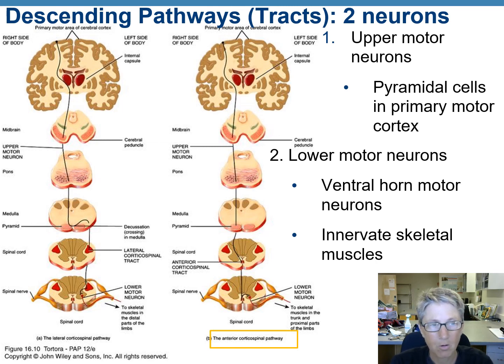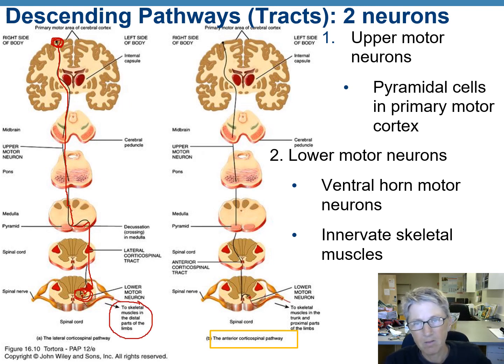If there are ascending tracts, then there are descending tracts. This is a cartoon of the descending tract. In a descending tract, you start up here in the motor cortex, for example, and your first order neuron, you can see it travels through the midbrain, through the pons, through the medulla, and then it crosses over to the other side of the body, decussation, and then it synapses here in the spinal cord with a lower motor neuron, and then that lower motor neuron goes out to skeletal muscles.